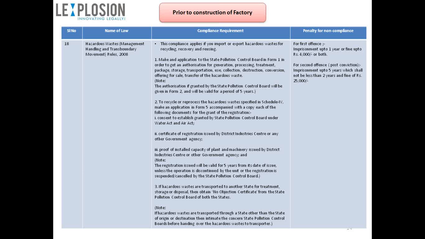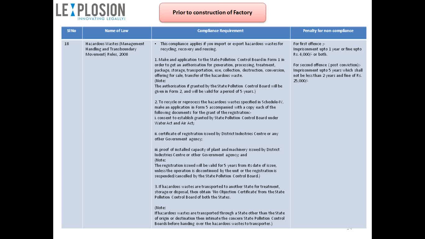The process for that is mentioned in the slide. And you also need to ensure that you apply with the consent that you received from the State Pollution Control Board under the Prevention of Water Pollution and the Prevention of Air Pollution Acts that we just discussed.